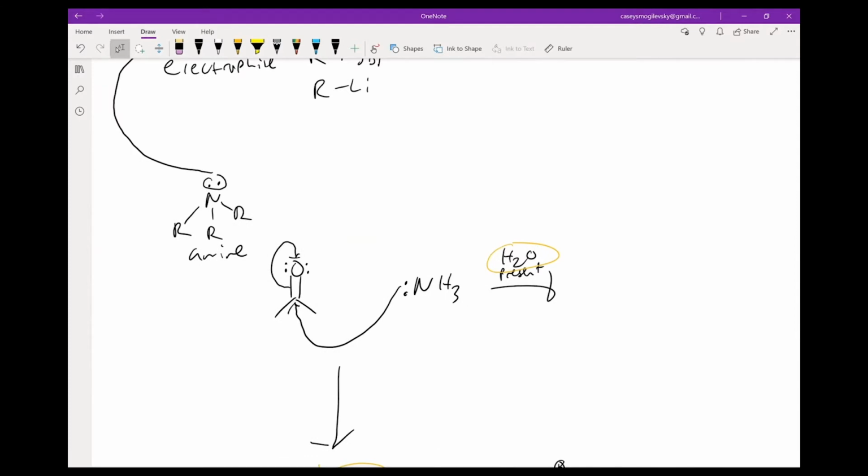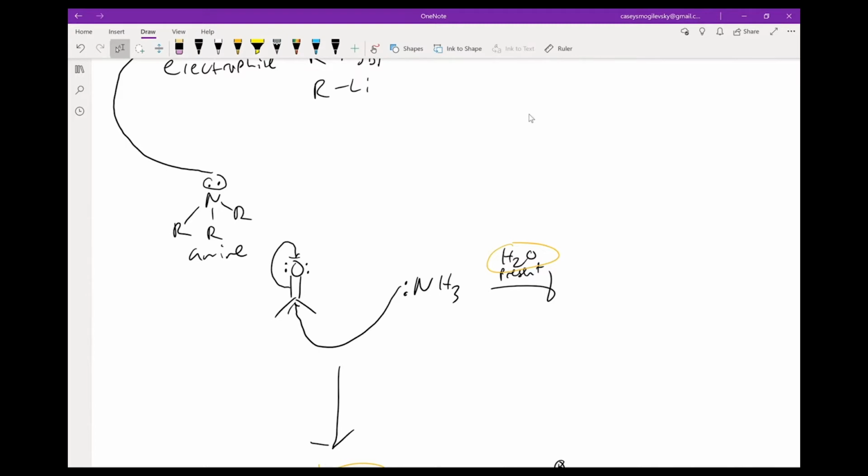Now, something that I actually forgot to mention is that in the case of this reaction, sometimes the nucleophile isn't a good enough nucleophile, and sometimes the carbonyl isn't electrophilic enough. And so this reaction might not occur at an appreciable rate unless it's acid or base catalyzed.